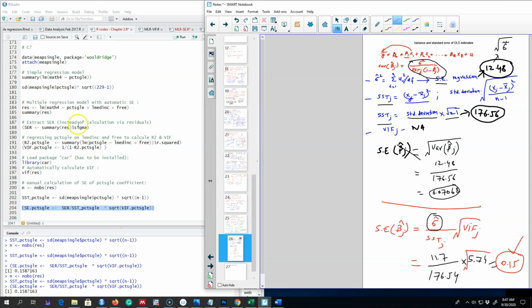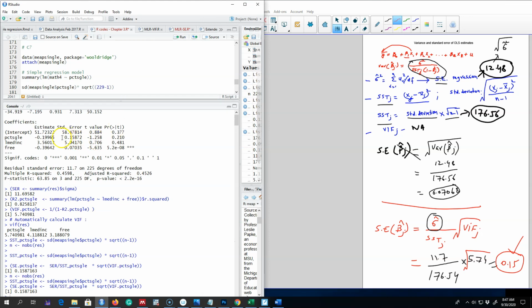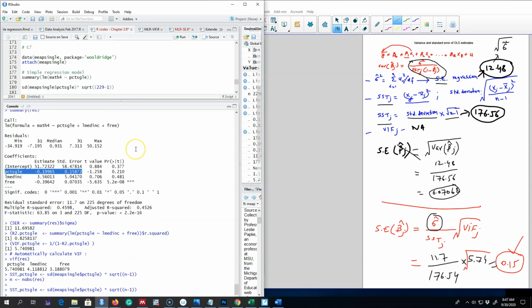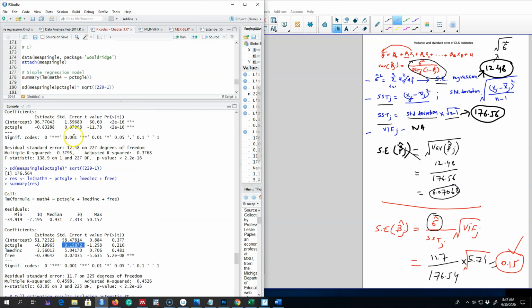What we can do here is look at our original equation and see the standard error of PCT single. It is 0.158, and we can compare it with our earlier model. In the earlier model, with only one variable, it was 0.07, and now it has increased to 0.15. It seems like including these other two variables is increasing the variance of our variable of interest.